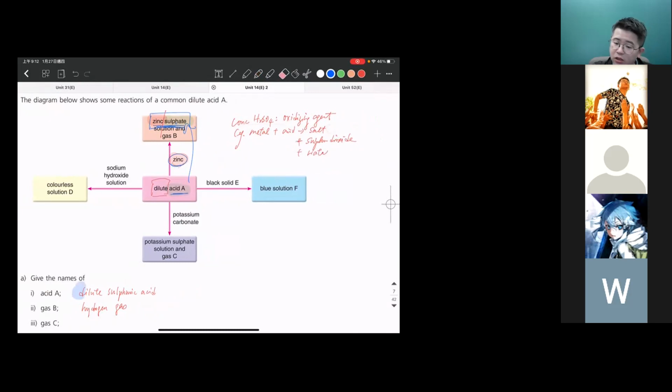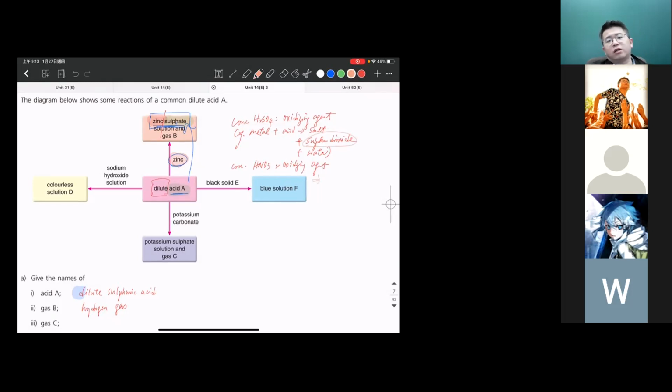So this is what I would like to draw attention to. Remember the use of the term dilute is very important. How about nitric acid? If I do the similar action on zinc, the gas formed is not sulfur dioxide. What will it form? Do you know? You may check on the web.